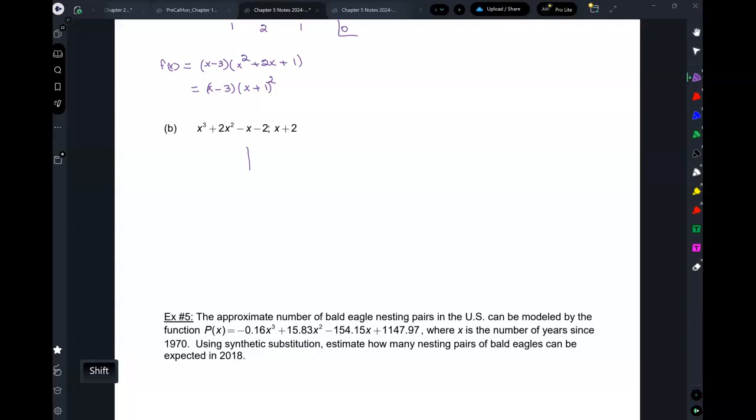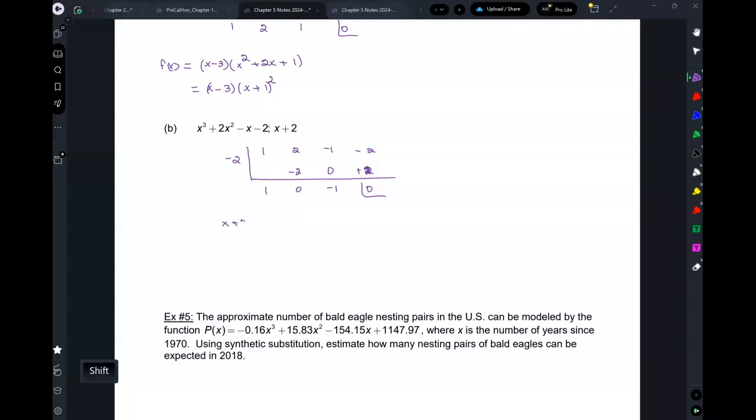Okay, so here we go. For this one, I got 1, 2, negative 1, negative 2, with negative 2 out here. So 1, negative 2, 0, 0, negative 1, positive 2, so I get 0.